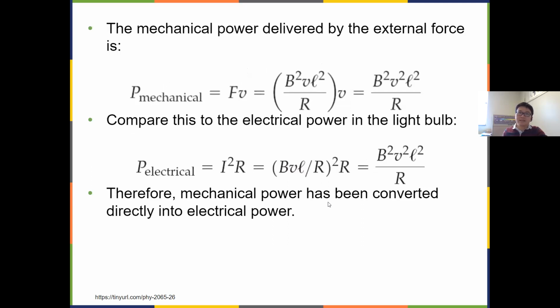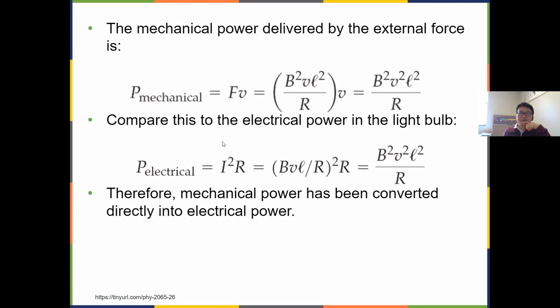As you are pulling the rod with velocity V, that's the mechanical power you exert on the rod. So mechanical power should be equal to F, the driving force, times V. F equals the magnetic force, B squared V L squared over R, times V. So then it's B squared V squared L squared over R.